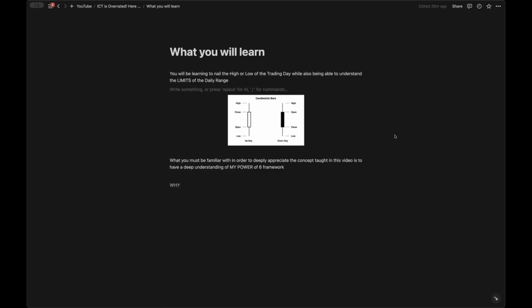Close-minded idiots, right? So I want you to be open-minded. I want you to take this in, absorb the value, and backtest, because you're not going to get anywhere if you don't backtest. The output that you gain is only as good as the input that you put in. Think about that. So you need to really understand my power of 6 framework.